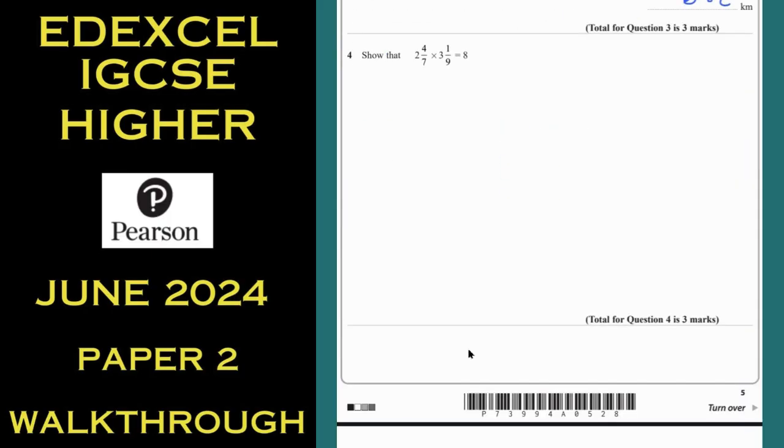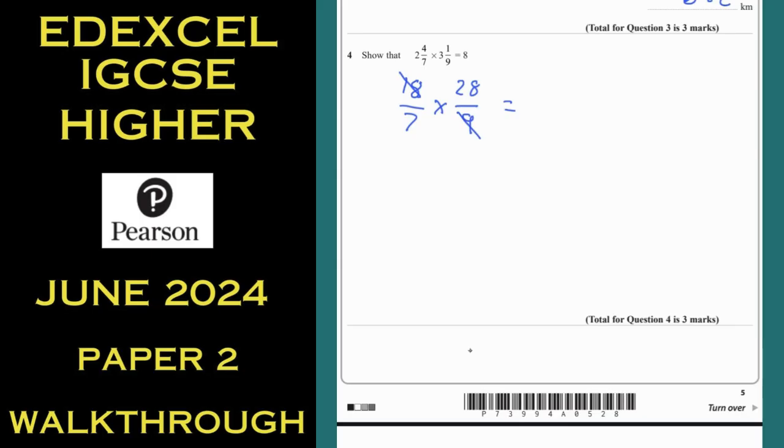So on these fractions for question 4, put your calc to one side. That's what show means. Show means do. So let's make them top heavy, or improper if you prefer. 2 7s are 14 plus the top. 3 9s are 27 plus the top. Feel free to work out 18 times 28, but I'll cancel down.